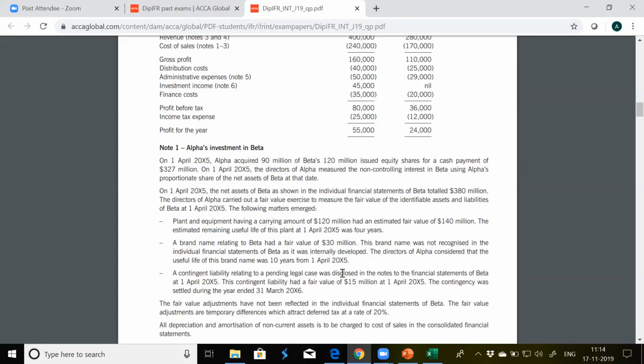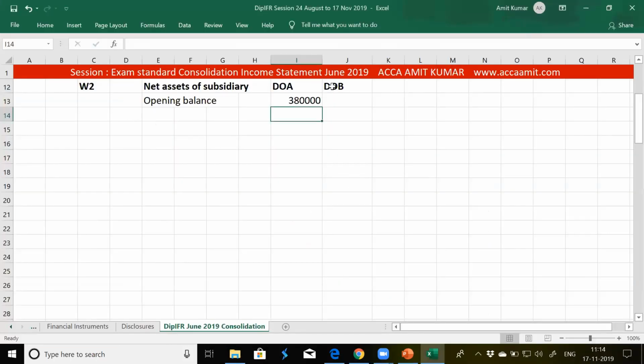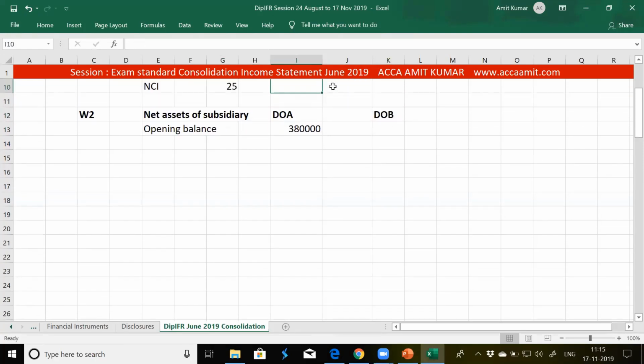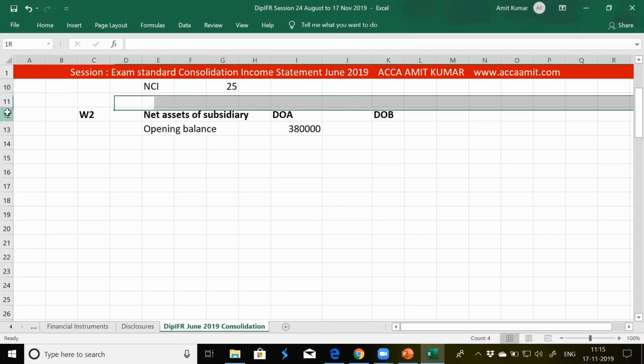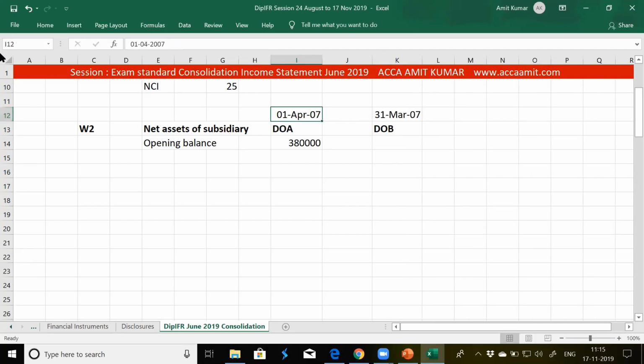So the opening balance of this is the balance of 1st April 2005. You'll need the balance of 31st March 2007.